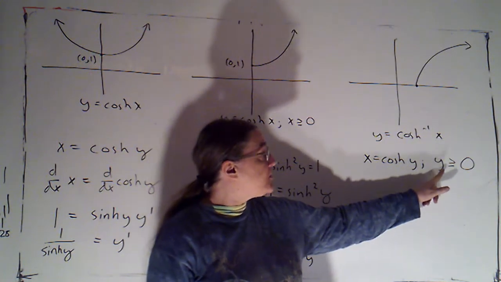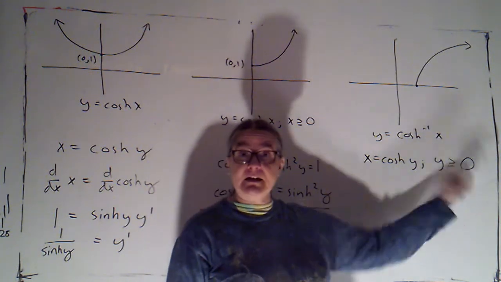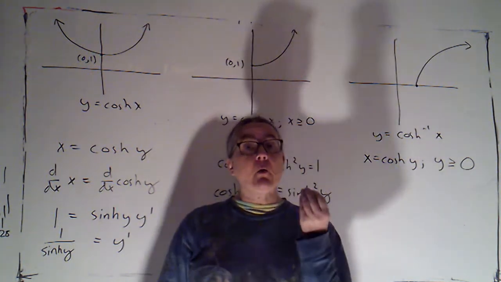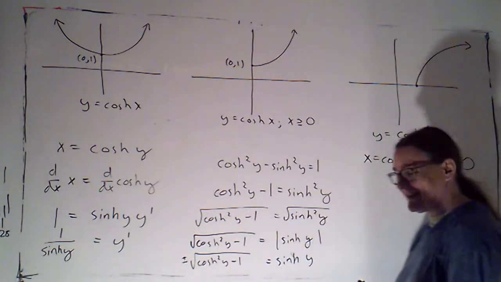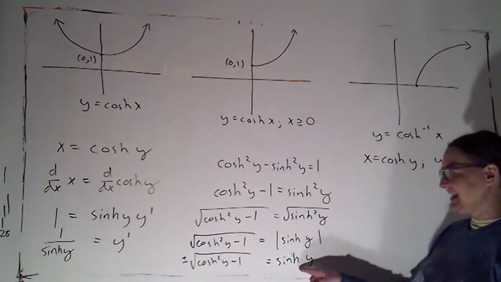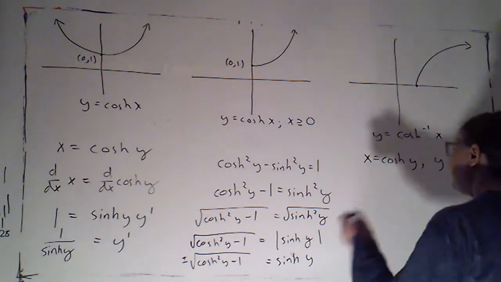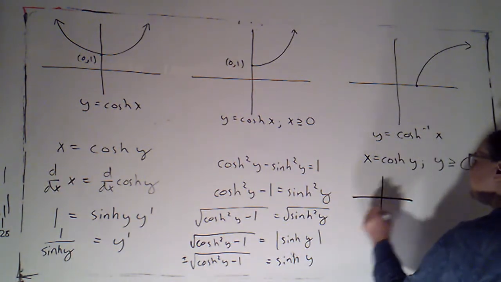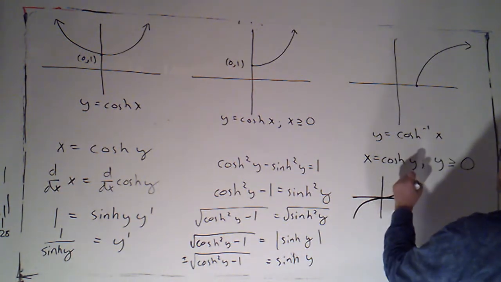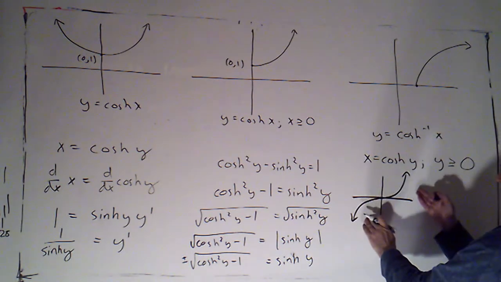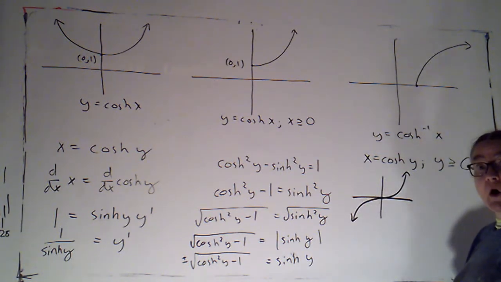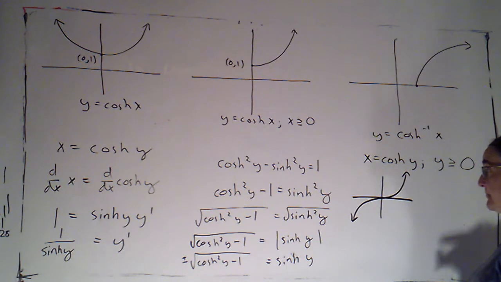We know that y is bigger than or equal to 0. So I know that the input to sinh is non-negative here. And if you remember, the graph of sinh looks something like so. So it lies entirely in quadrants 1 and 3.